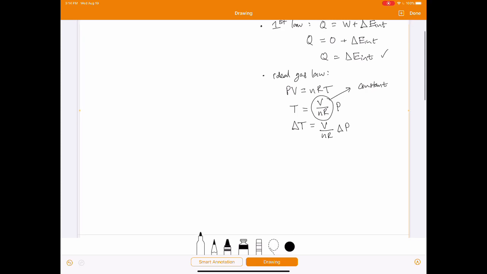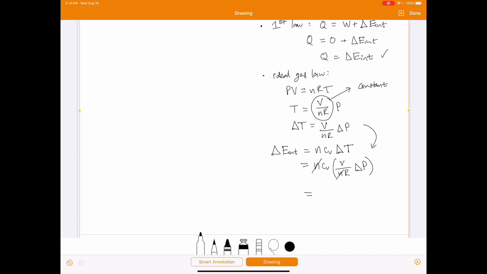The next thing we'll do is remember that delta E internal for any process whatsoever can be written as n CV delta T. And if we plug in what we just worked out for delta T, we have n CV, V divided by nR, times delta P, which will cancel out n.